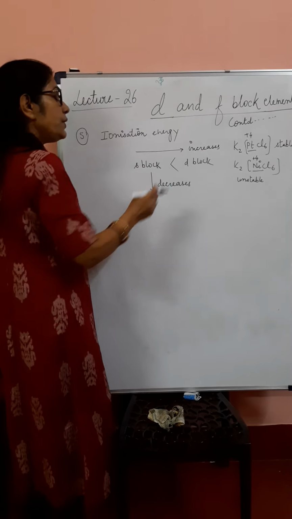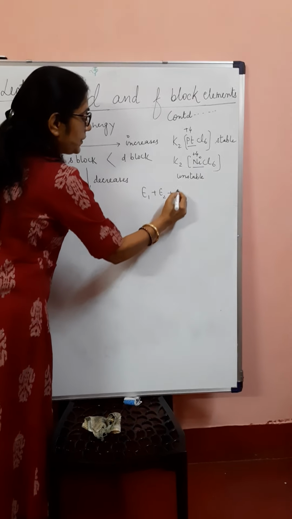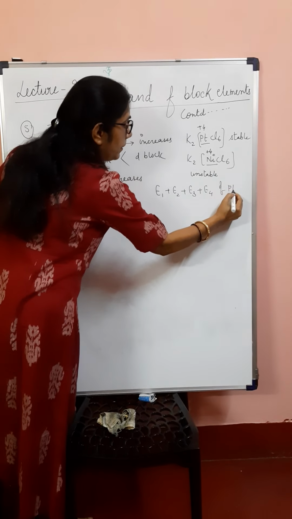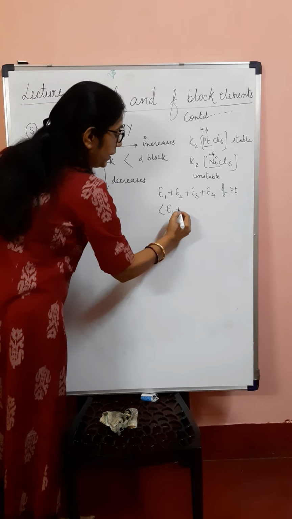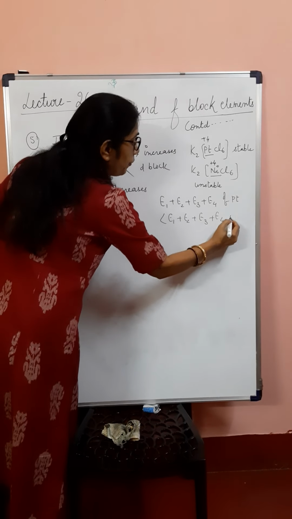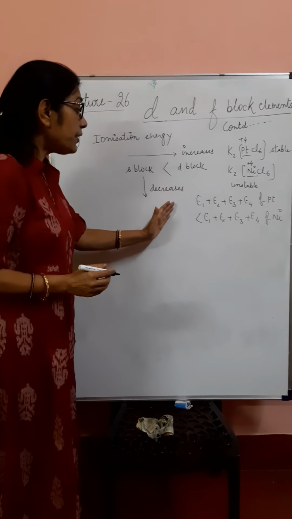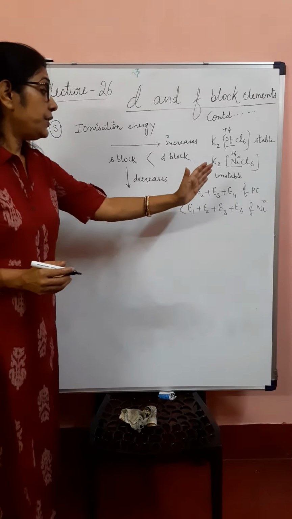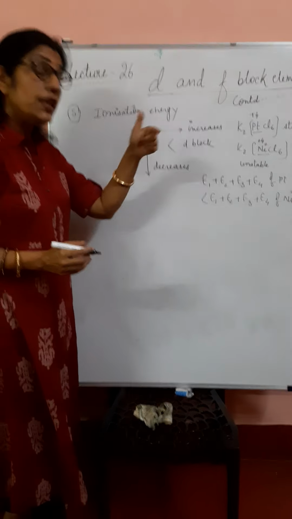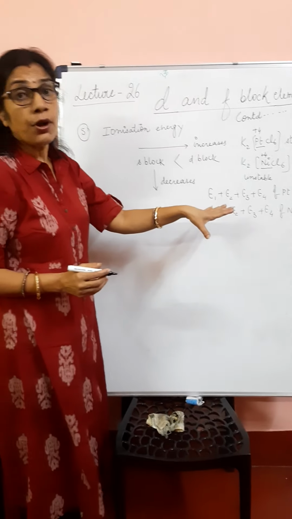It is because for platinum, the sum of the 4 ionization energies, E1 plus E2 plus E3 plus E4, is less than that of nickel. These are the successive ionization energies. So the 4 successive ionization energies of platinum are less as compared to those of nickel.